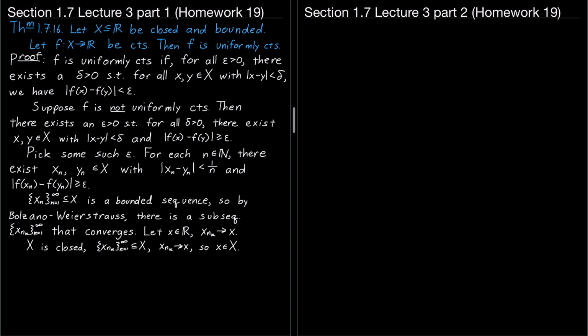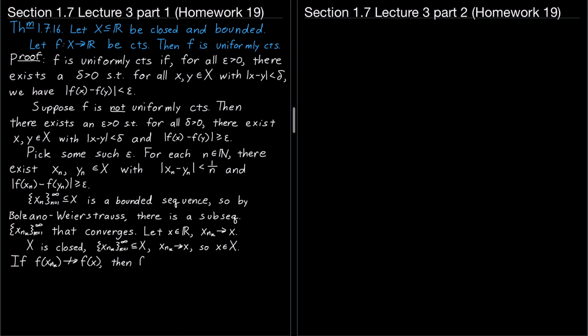And now let's suppose that f(x_{n_k}), that's a sequence, does not converge to f(x). Then remember the definition of continuity is that f maps convergent sequences to convergent sequences.